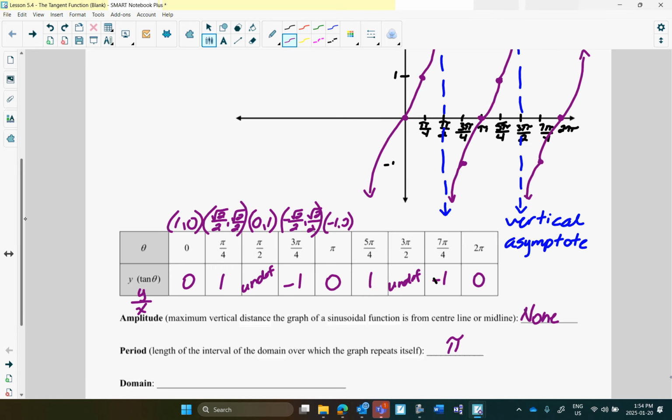What would the domain be? Can we say negative infinity to positive infinity? No, because we can't include these. So, there's an infinite number of these vertical asymptotes, which means we got to use that K thing somehow. Well, where do we see the first asymptote? At pi over 2.